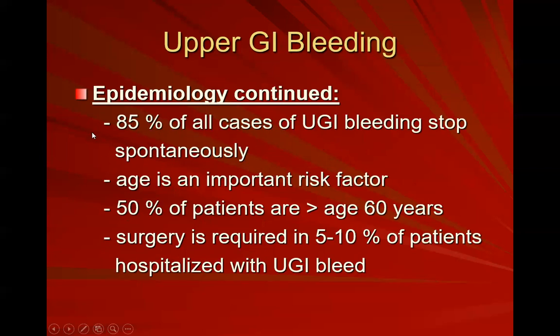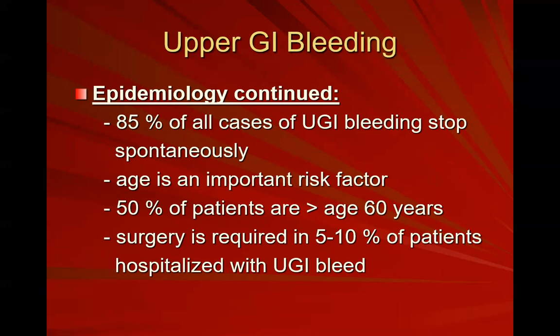As we said, the majority of cases would stop spontaneously. Age is an important risk factor because of the medical conditions, and 50% of those who suffer are above the age of 60. Surgery is rarely required to stop the bleeding.